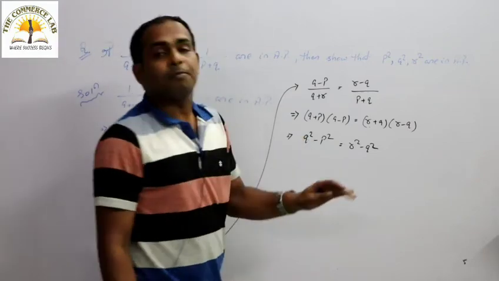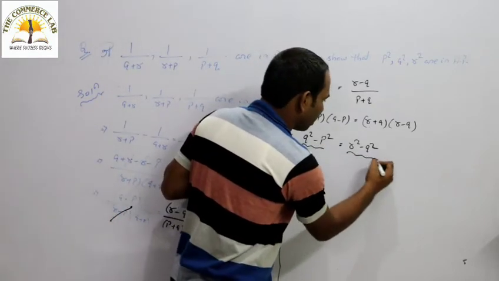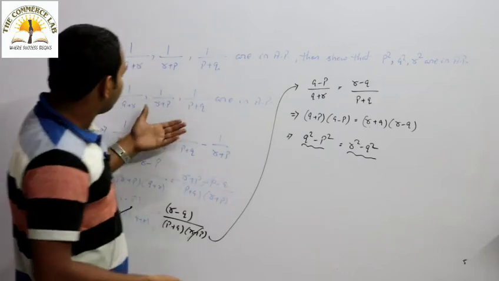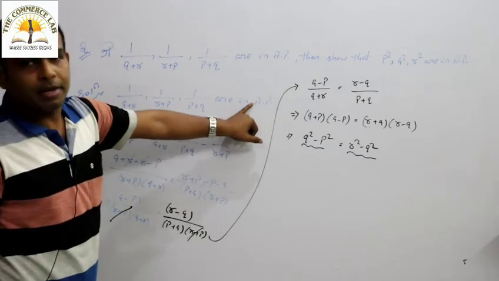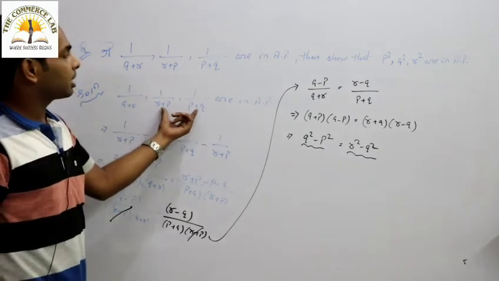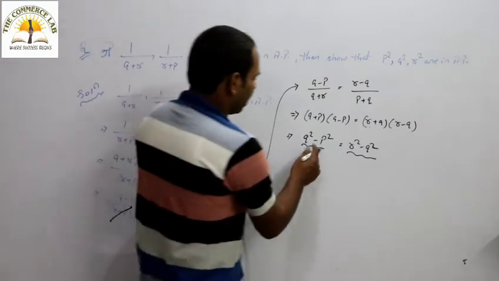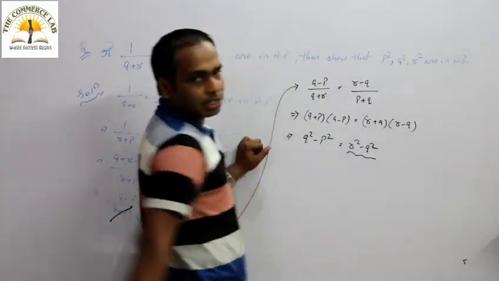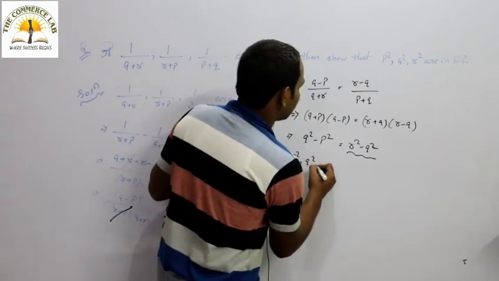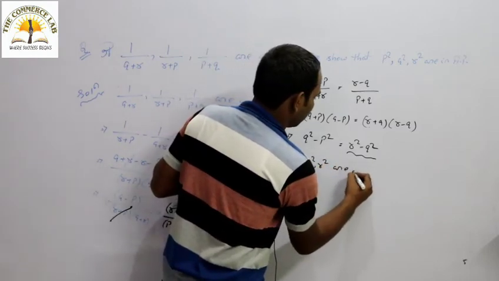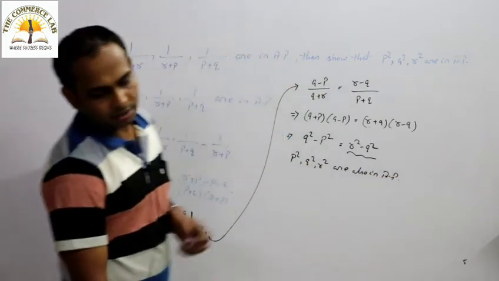Okay, just the reverse of this one, if the sequence are in AP, then the difference of these consecutive numbers are also in AP. So if q square minus p square equal to r square minus q square, then p square, q square, r square are also in AP.